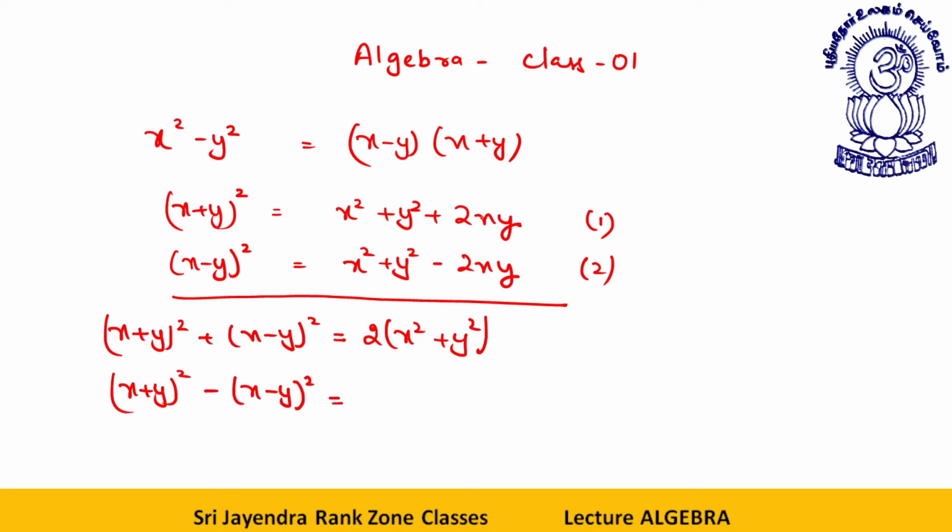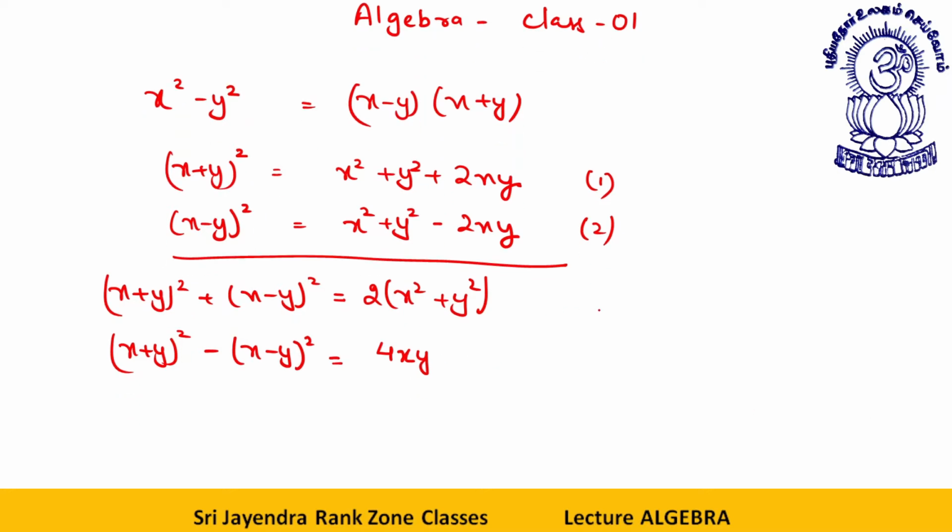This minus this becomes 4xy. So these are the two formulas which are used very often. X plus y square plus x minus y square is equal to twice of x square plus y square, and their difference is 4xy. This must be clear to all of you.